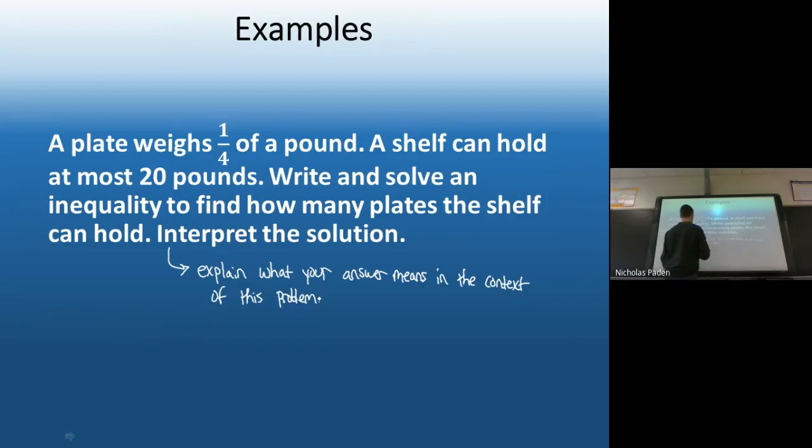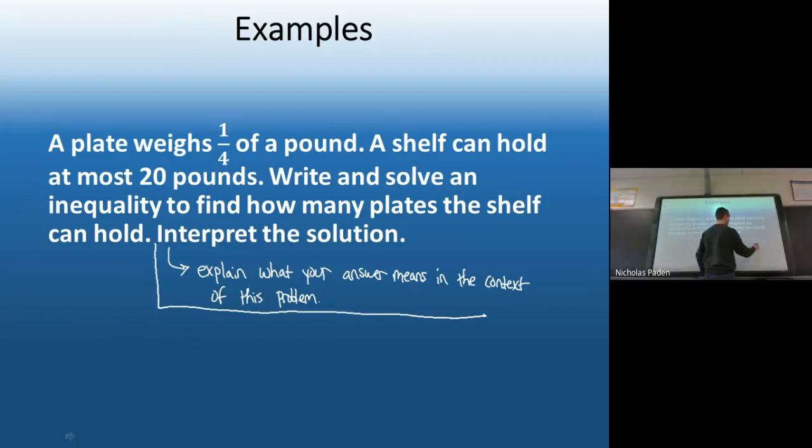Whenever you write your inequality and get your answer, it's going to sometimes say interpret the solution. That means explain what your solution set means for this question in context of this problem.